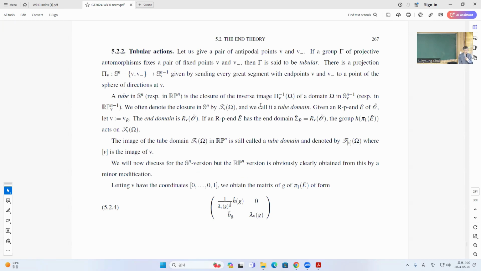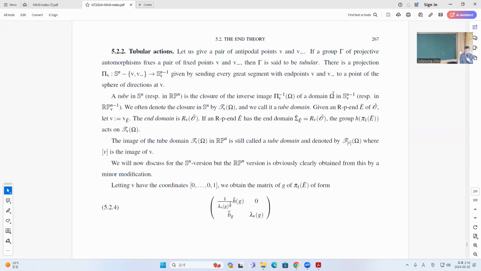So that means that if this group acts on Ω, then S^n minus one: if you remove two points from S^n, you can project this to a lower dimensional sphere by looking at each geodesic segment going to one point, because each geodesic segment connecting B and minus B is some sort of direction at B, right? So you can always do that. So these are projective maps.